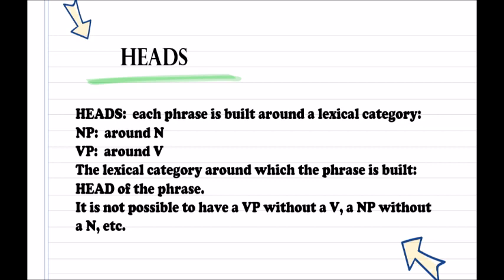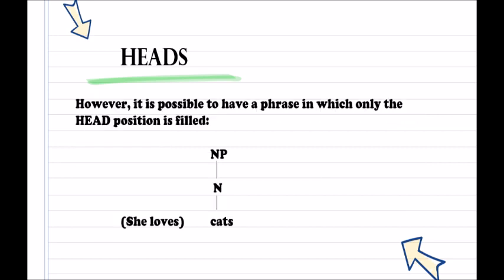Remember, it is not possible to have a verb phrase without a verb or a noun phrase without a noun. However, it is possible to have a phrase in which only the head position is filled. For example, a noun phrase consists of a noun only, for example, cats. She loves cats. Cats is the head, which is the noun in a noun phrase.